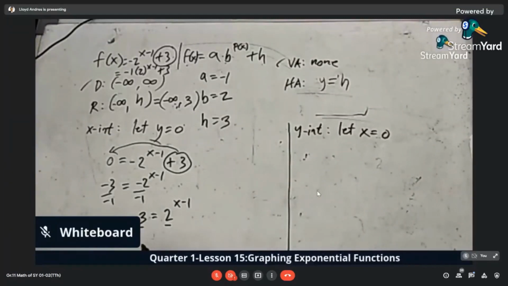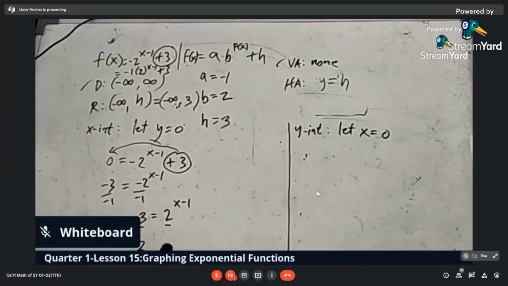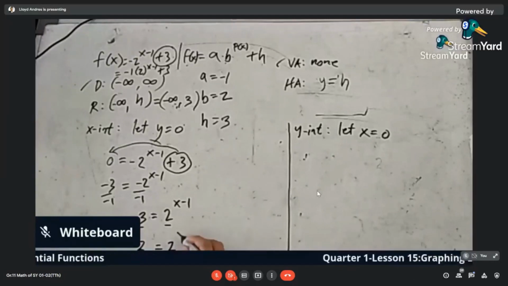Mabuhatan ba nato si 2, let's say 2, tapos 2 po na siya, x minus 1.